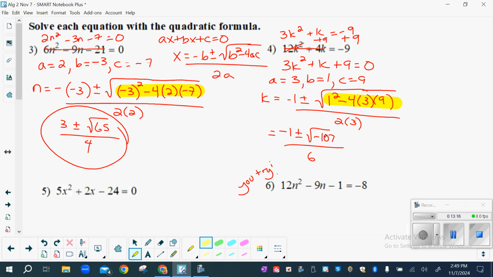So you should get a -107 inside that square root.